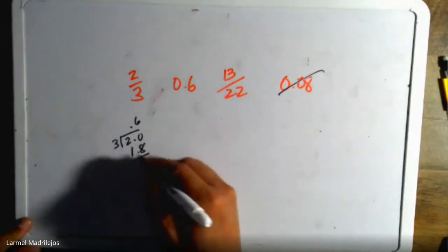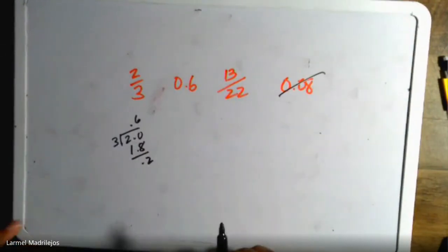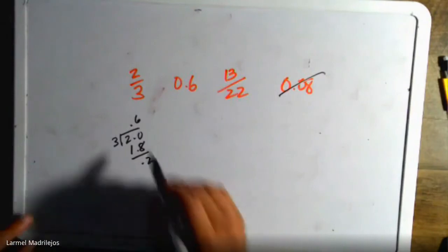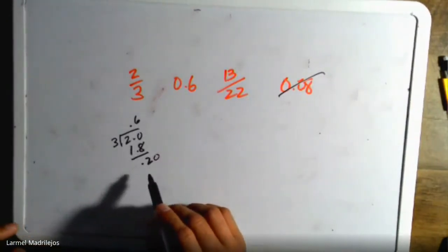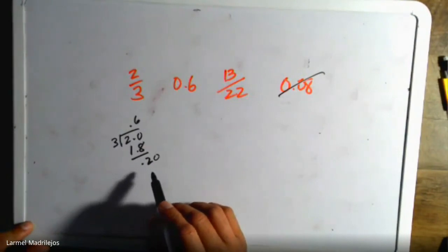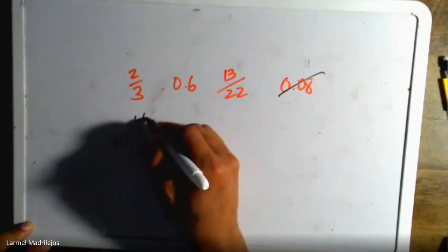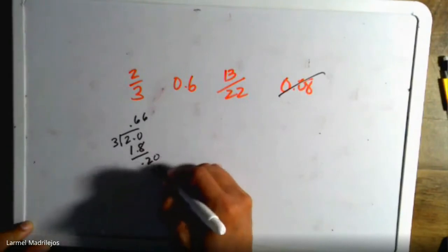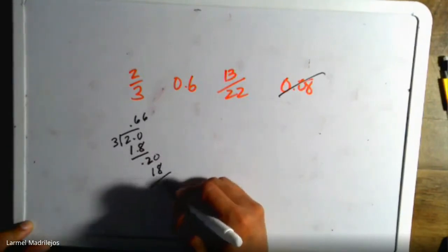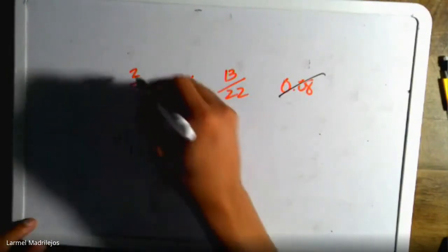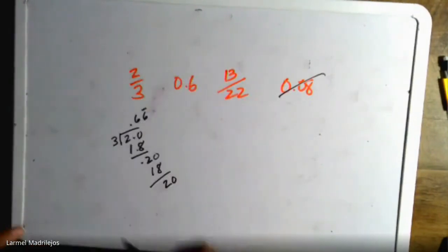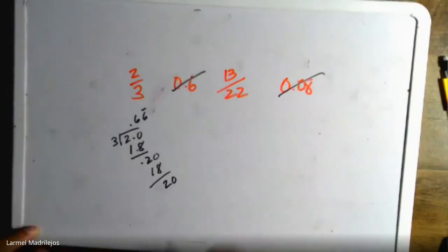I'm going to subtract. It's 2. Now I'm going to drop down 0. How many 3s again in 20? It's going to be 6 again. 6 times 3 is 18. It's going to be continuous, 0.666. So the value of 2/3 is 0.6 repeating. Looks like B is not the answer.